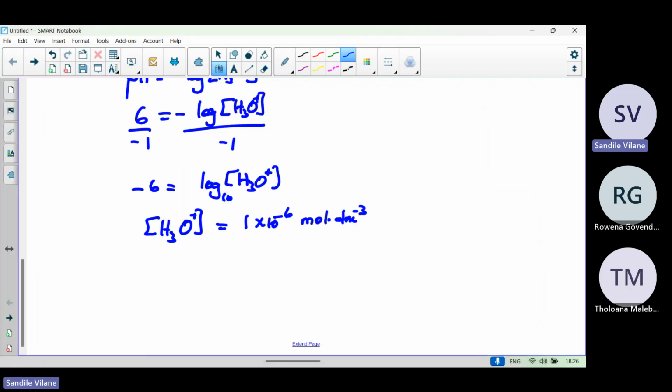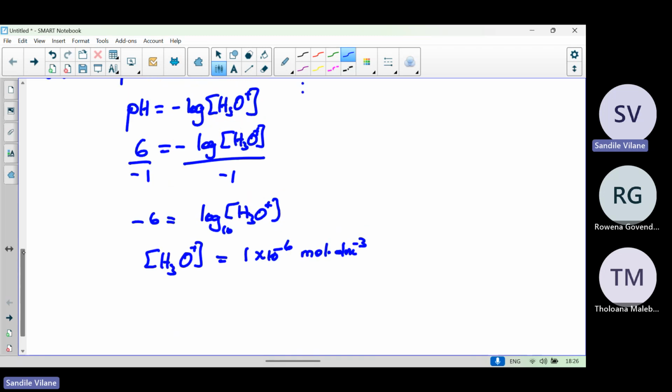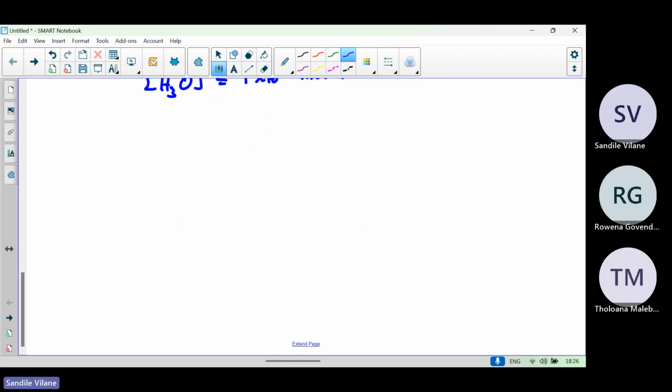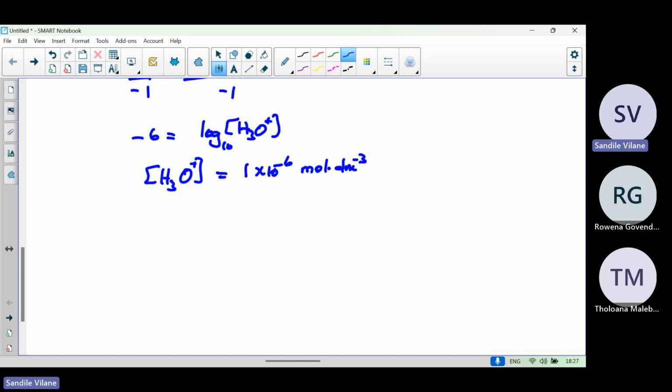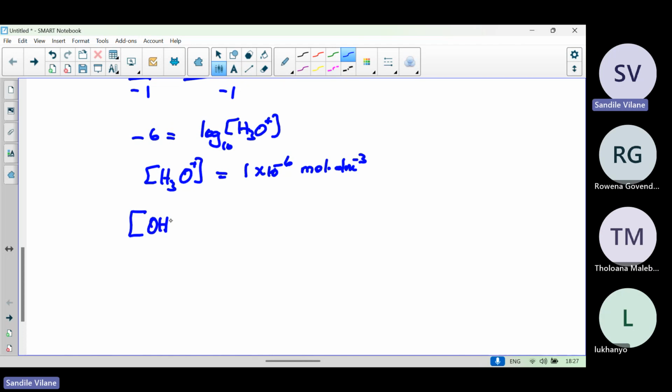Thanks. But we were not required to do this. We were not required to calculate the concentration of the H3O plus. The question was the concentration of the OH minus ions in this solution. Remember then that from the auto-ionization of water, the concentration of the OH minus multiplied by the concentration of the H3O plus will give us 1 times 10 to the power of -14.